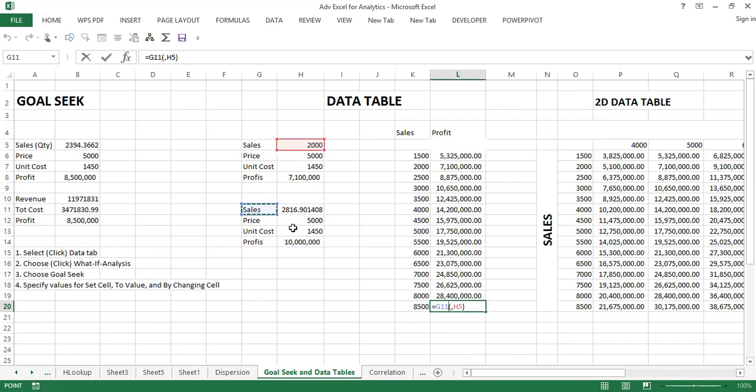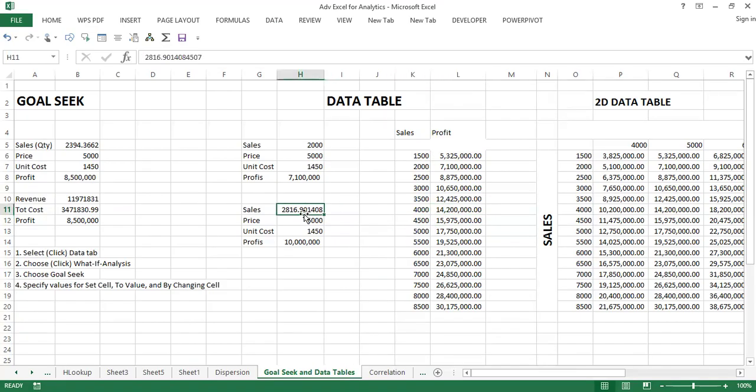But here our objective was to set profit to a particular value. For the data table, we have many different values, many different options for the profits. Based on many different sales values, the corresponding profits are computed, so that it can be used for reference purposes.